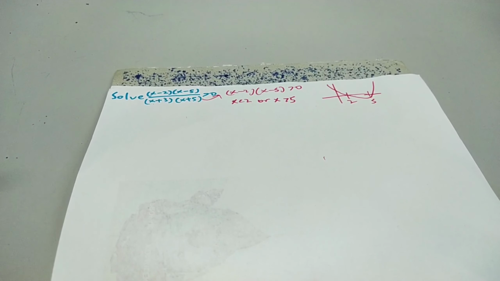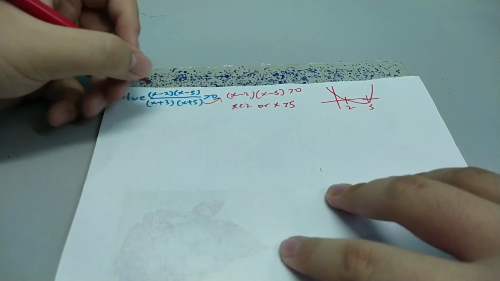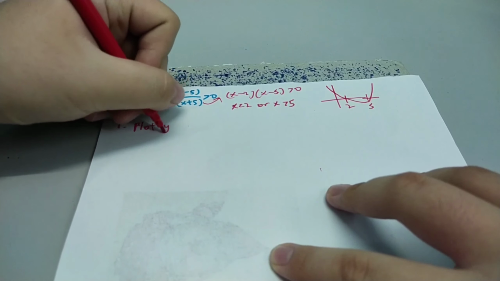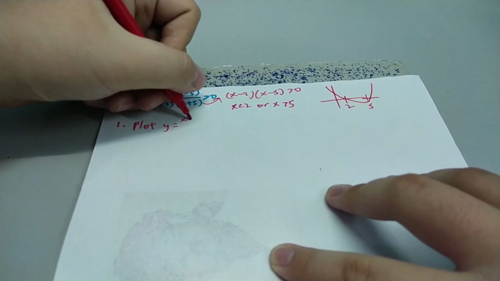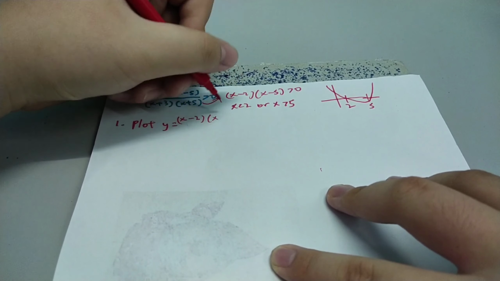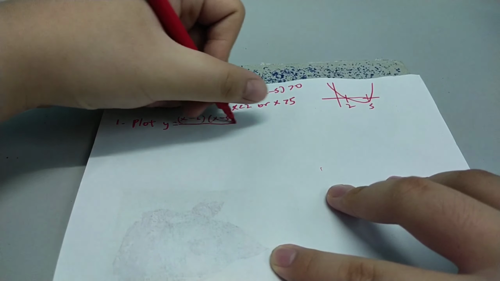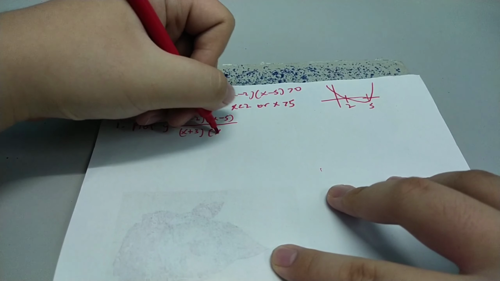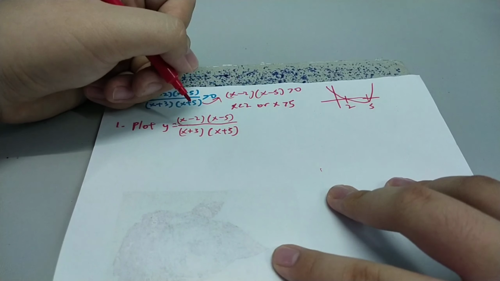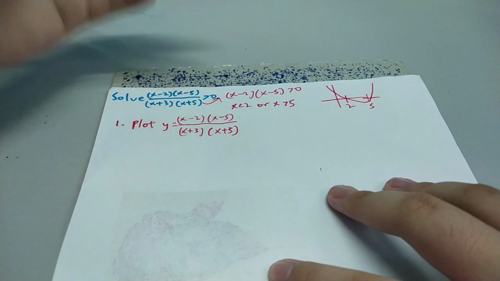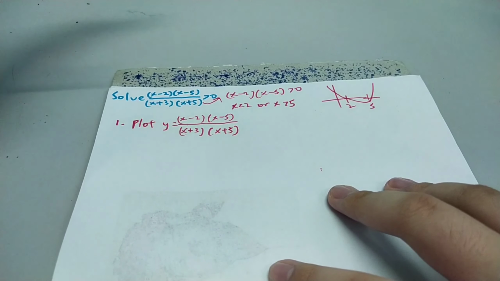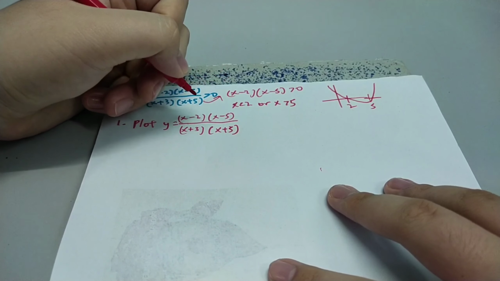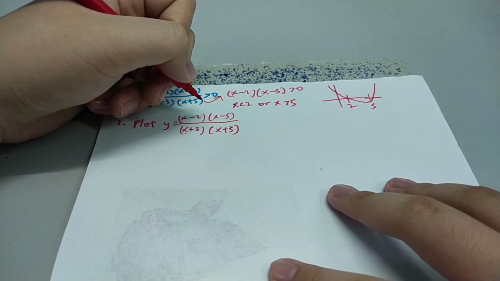The first method is you need to plot y is equal to x minus 2 times x minus 5 over x plus 3 times x plus 5. So how are you going to plot this kind of ridiculous thing? Now this is what we call the reciprocal or rational function.